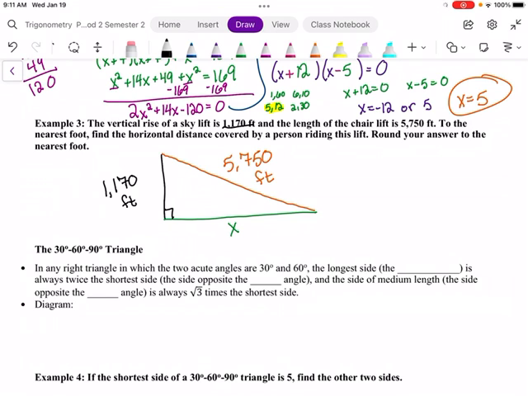So they want us to find the horizontal distance. So seeing this, we can use the Pythagorean theorem. We have our A and our B, and we have C. So we're going to do 1,170 squared plus x squared equals 5,750 squared.